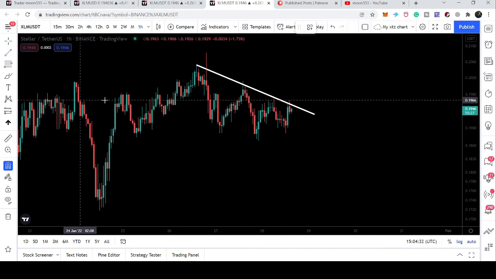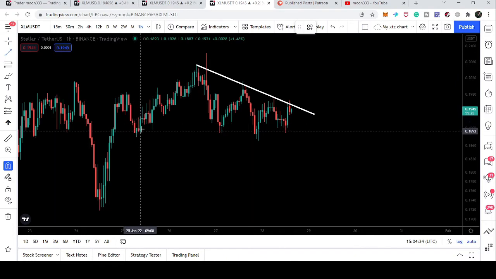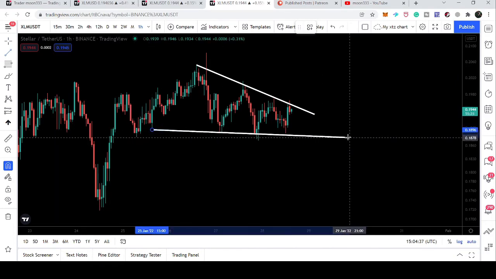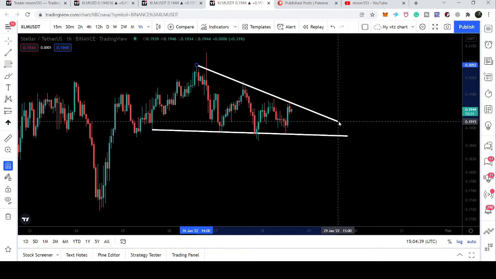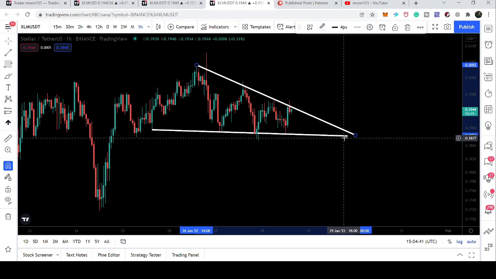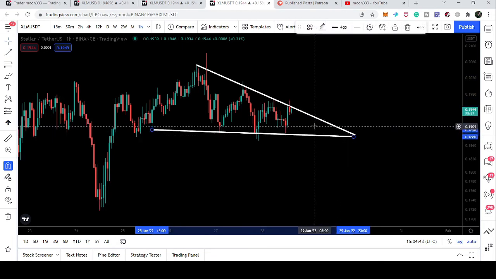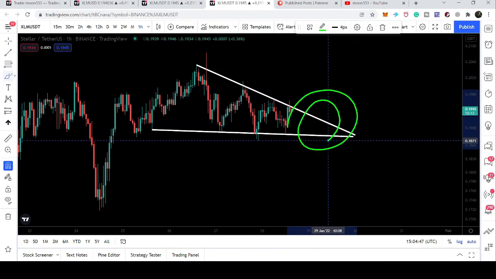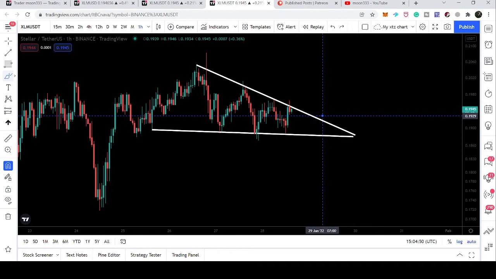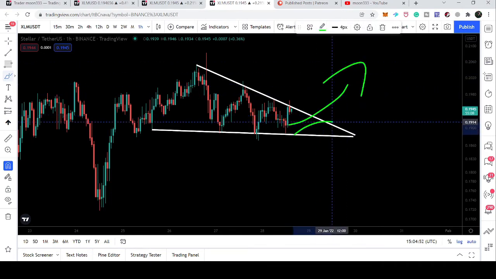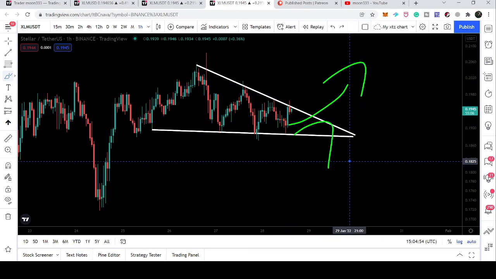Now here we can see that on the hourly time frame, a very small time frame, we have this descending triangle formation. Here we have the resistance, and here we have the support of this newly formed descending triangle. Right now the price line has reached the resistance, and you can see that the triangle is getting more and more squeezed. Soon the price line can break out or break down the support or resistance of this triangle.